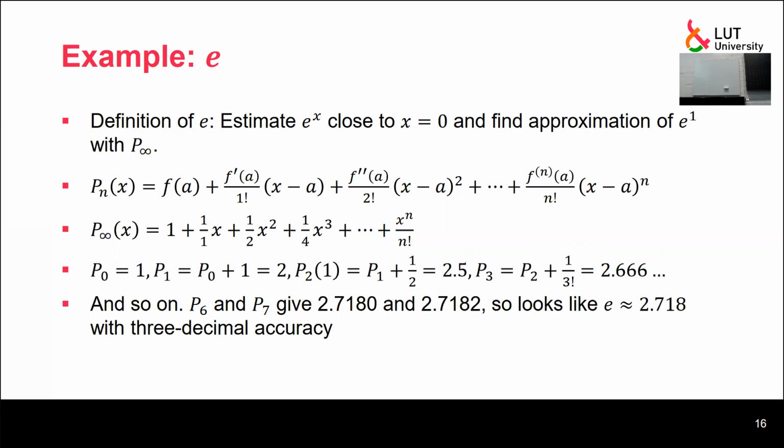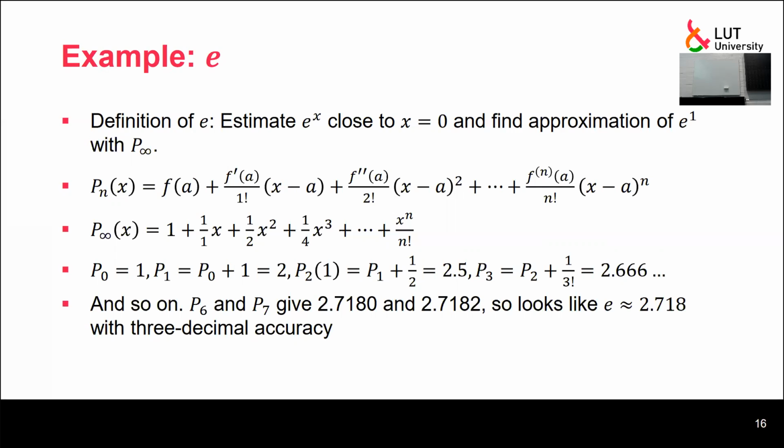So the derivative doesn't change, and when we calculate derivative values at a, which our estimation point is 0, e to the power of 0 is 1, so all of those derivative point estimations go to 1, and downstairs into the factorial of n. Then we can start calculating the estimate, which as we get further down the line is 1 plus x plus half x squared plus 1 over 6 x cubed, and so on.